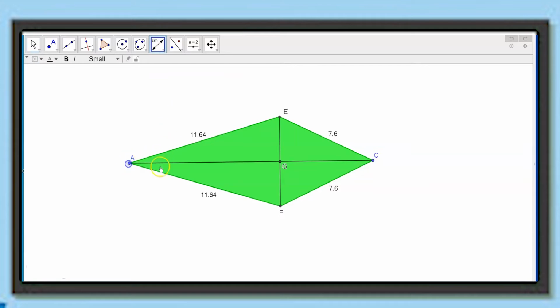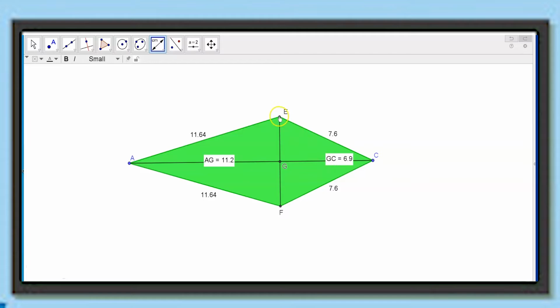So I measure AG, which is equal to 11.2. Then I measure GC, which is 6.9. That means AC is not bisected by EF. They are of different lengths.